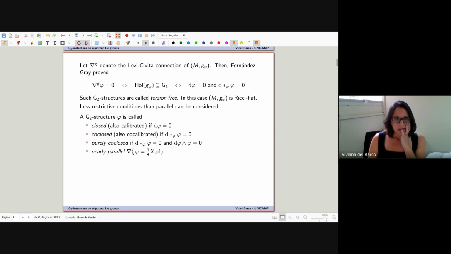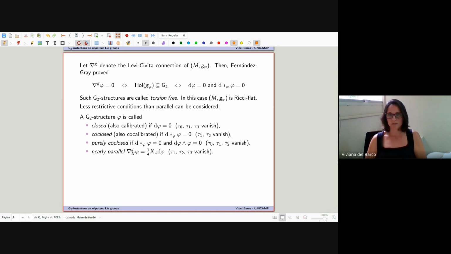And let me say that in this talk, I will concentrate on these 2, and for those who are familiar with the torsion forms, these are the torsion forms that correspond. I will not get into detail with that.